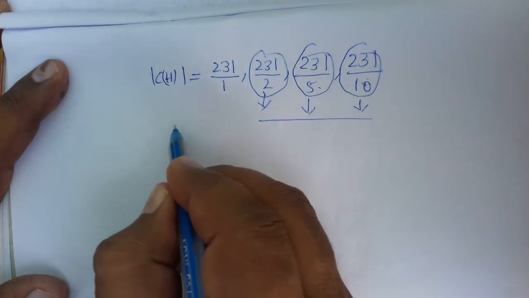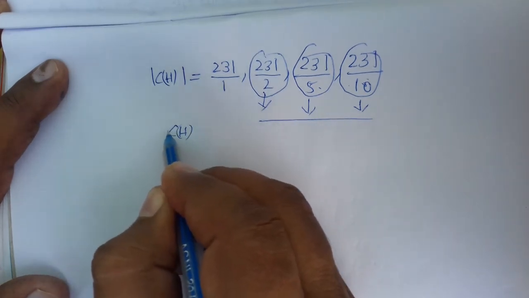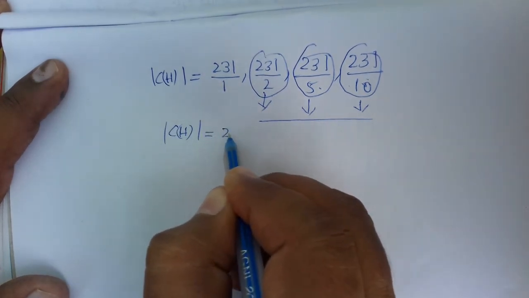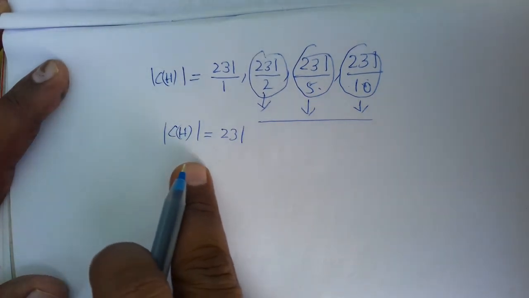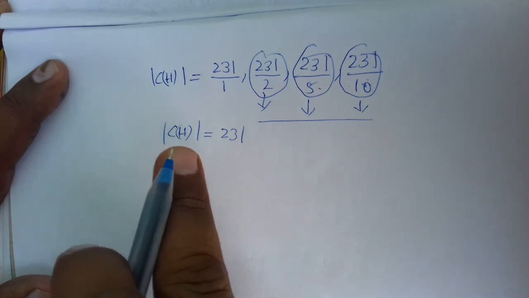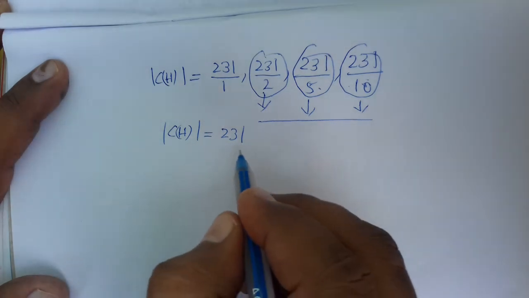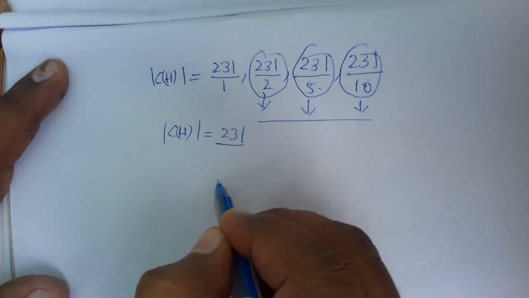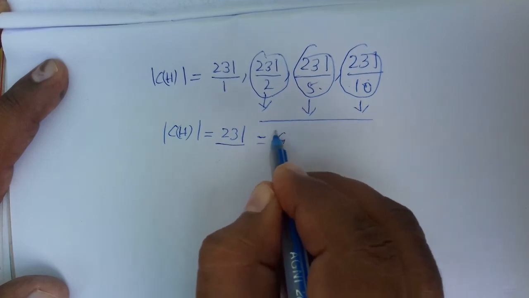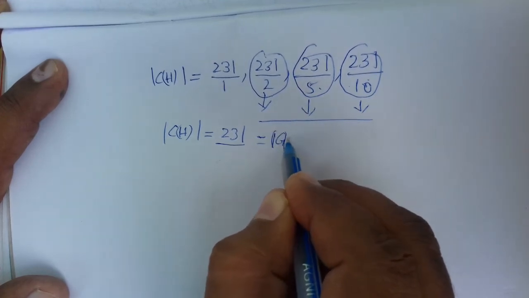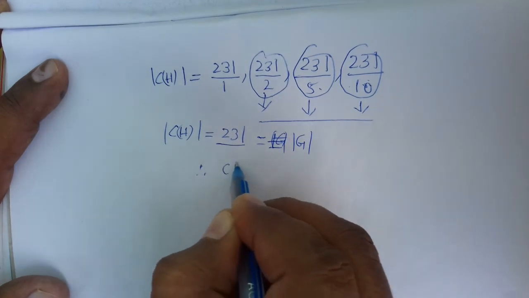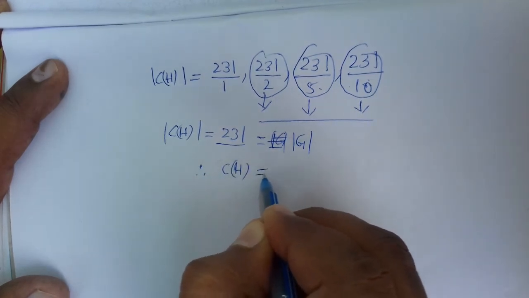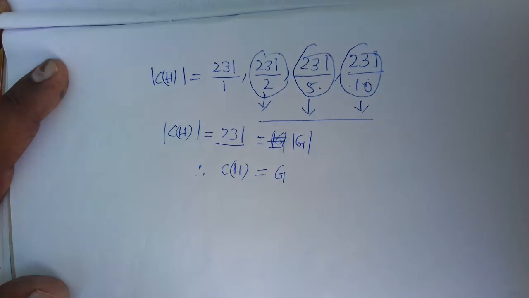So the valid one will be CH equals 231, and you know that CH is itself a subgroup of G, and this is the order of G. So from here, CH equals G. We got CH equals G.